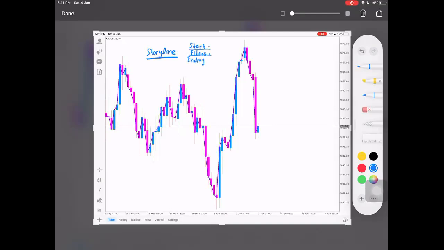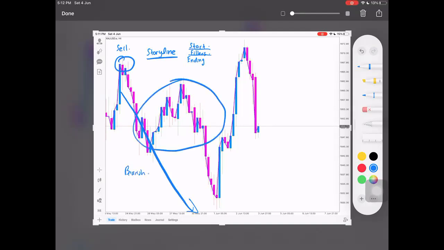So the story of sell starts here. The direction will be sell, a downtrend, bearish. This stuff is the filler. And this is the ending. And like they say, every ending is a new beginning.